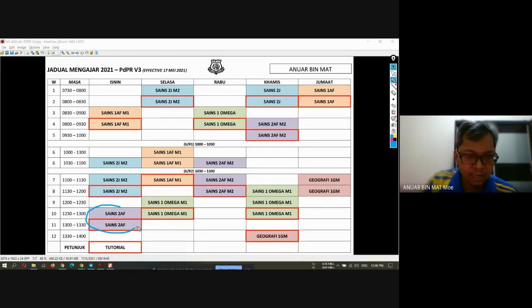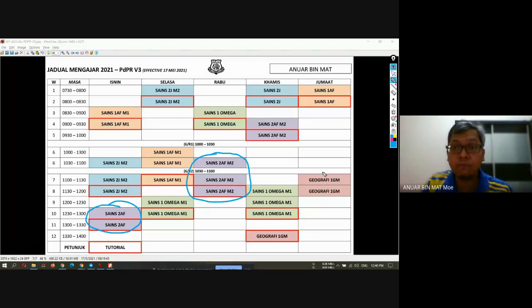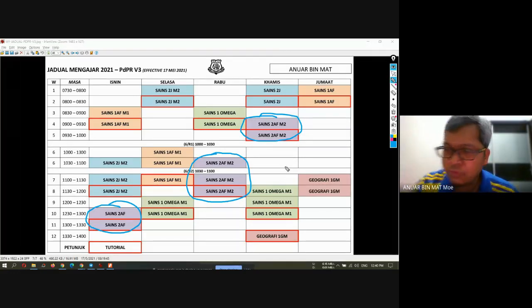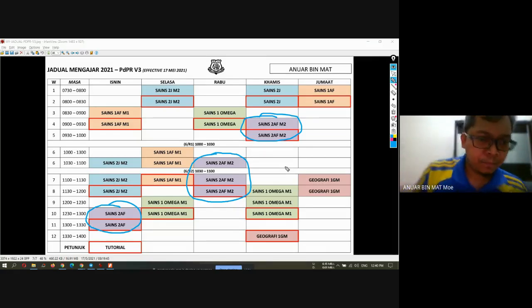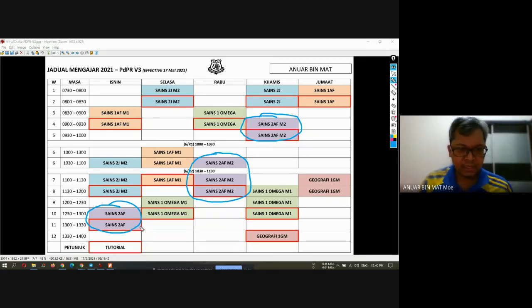Monday, we start at 12:30. And then Wednesday, maybe I will start at 10:30 in the morning, and then our last meeting for the week is on Thursday, at 9 a.m. Only 3 times per week. If you notice the red rectangle here, for example, for today, I will start at 12:30 afternoon until 1:30 p.m. But online, I will only be online for about 30 or 35 minutes.